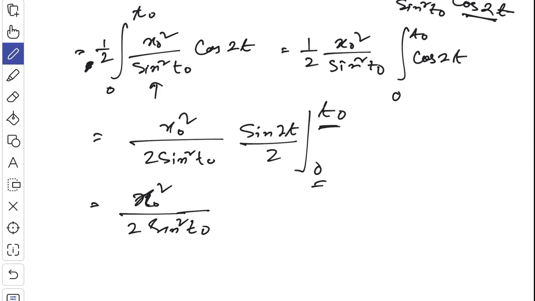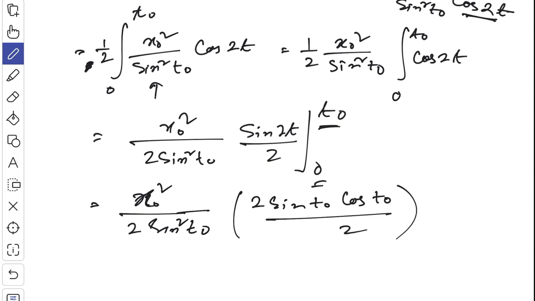If you put t naught, then using the identity sine 2t equals 2 sine t cos t, here we are putting t naught also, so it will be 2 sine t naught cos t naught by 2. So this 2 is gone, and sine square and sine t naught, this is gone.